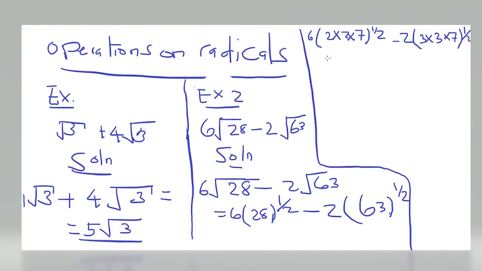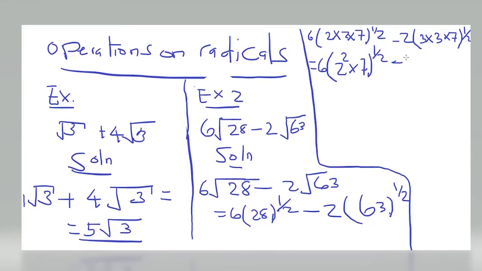Then this one can be written as 6 outside the bracket. We don't want it to be more complicated, so I'd best make it as simple as I can so you can understand it. Now this one can be written as 2 squared, because 2 times 2 is 2 squared, then times 7, then power a half.